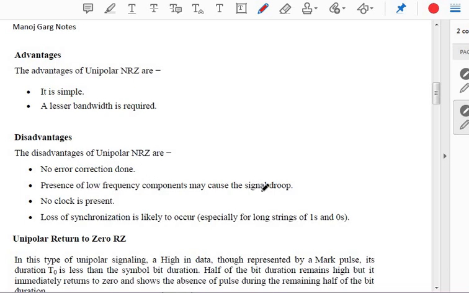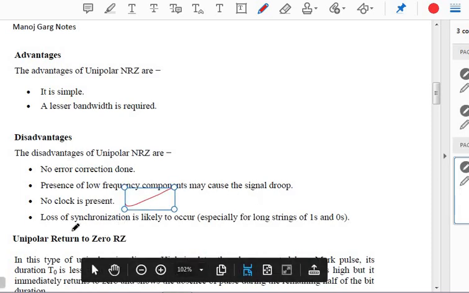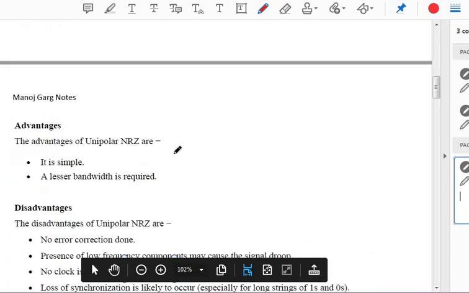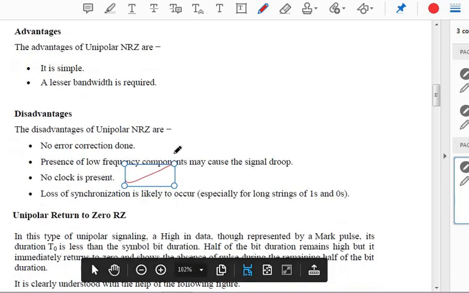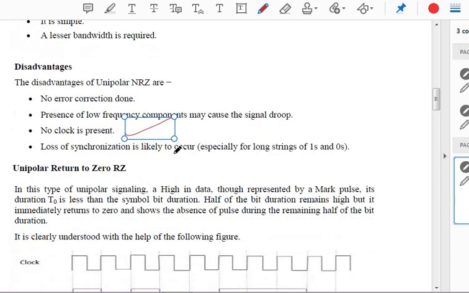It has noise, no clock is present, and loss of synchronization is likely to occur. These are the disadvantages of the unipolar NRZ format.